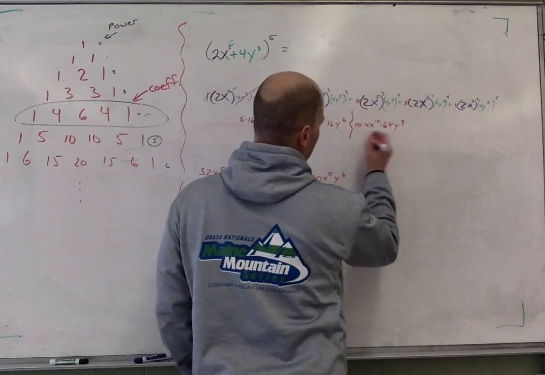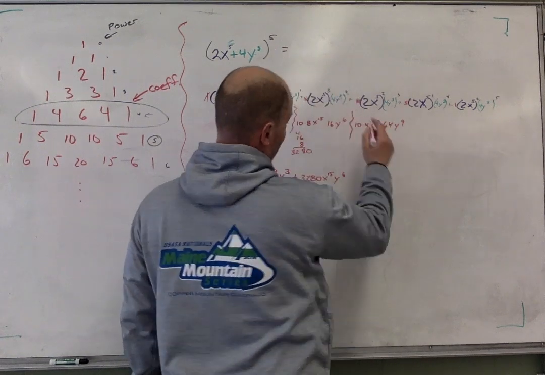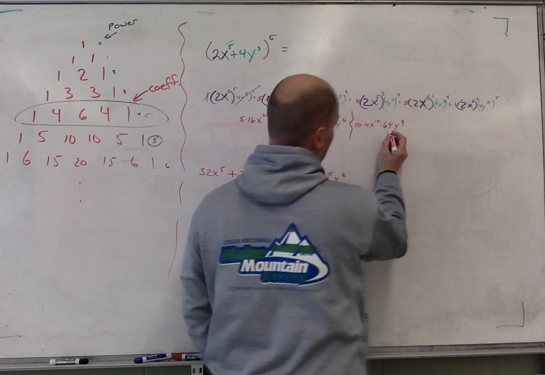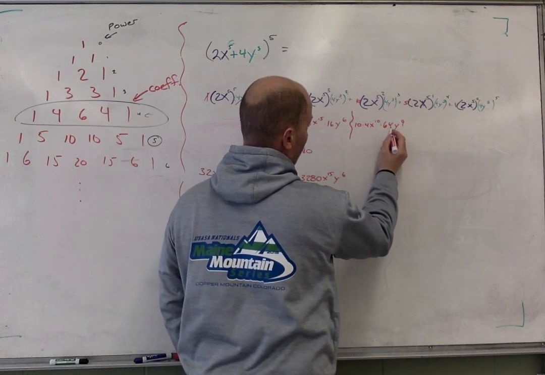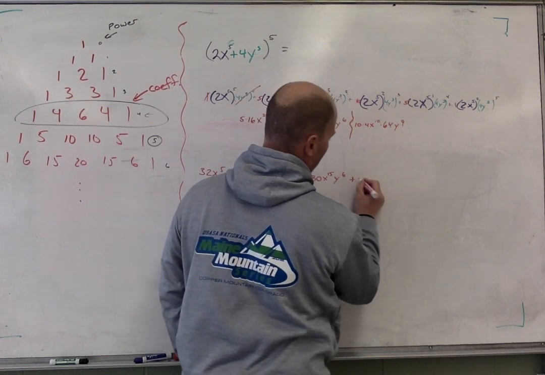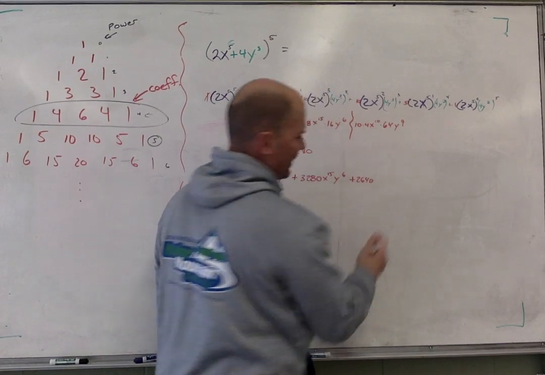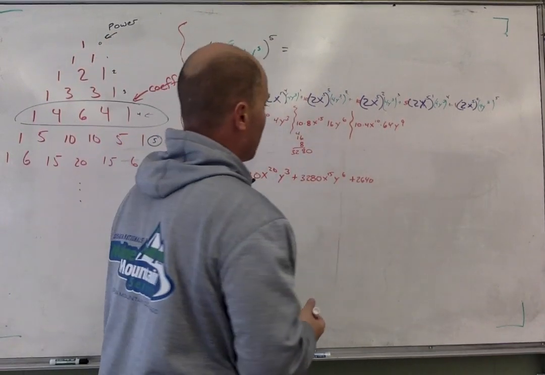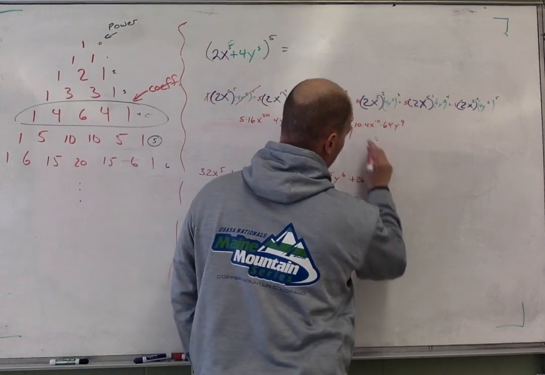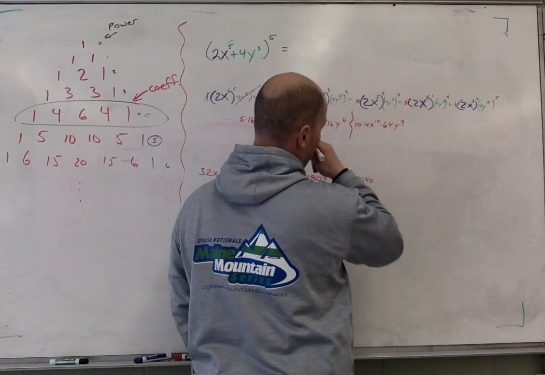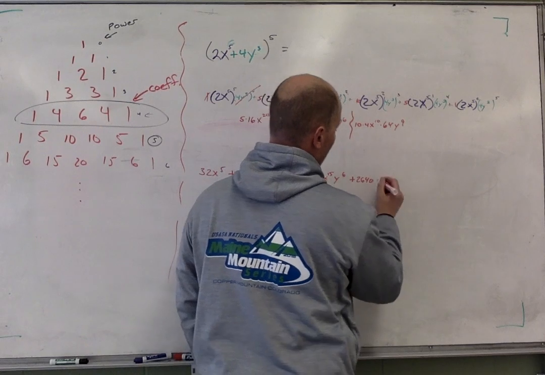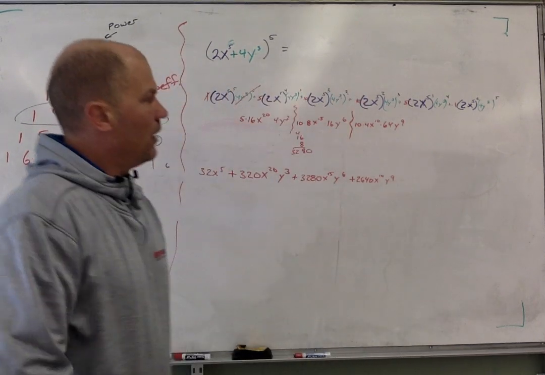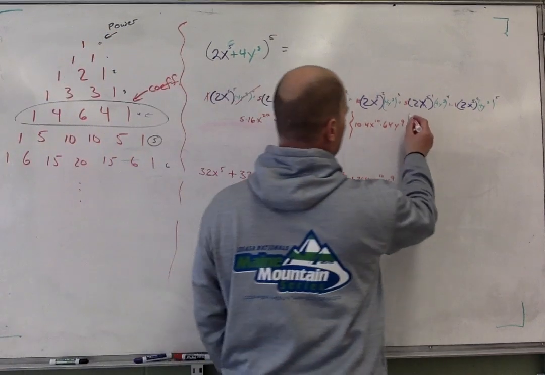So this is 40 times 64, which is 2640, so that's plus 2640. And again, I'm doing this in my head. Use a calculator, get the right number. X to the 10th, y to the 9th. Whew. And we do it again.